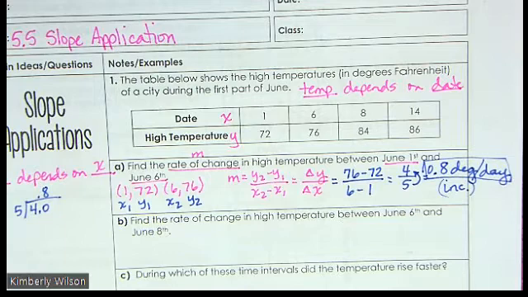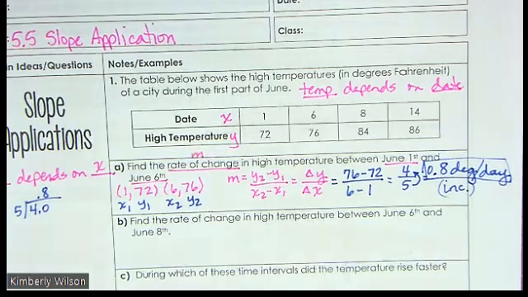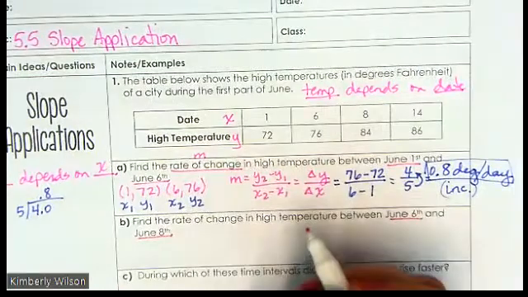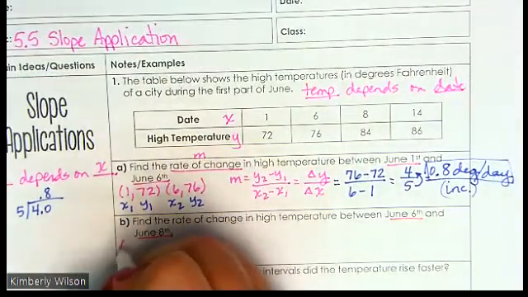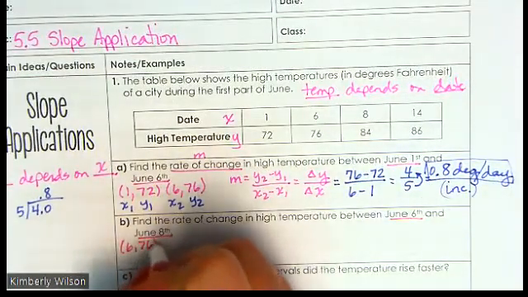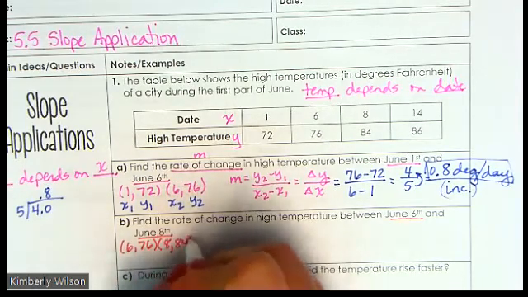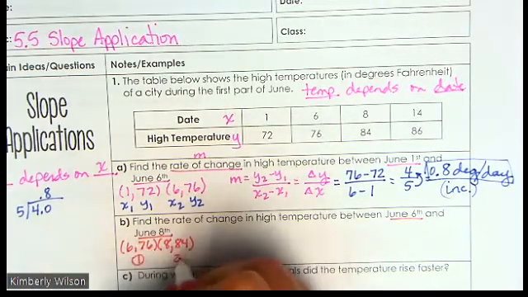Okay. Next. We're doing the same type of thing. So we have from June 6th to June 8th. So we have (6,76) and (8,84). This is the first point. This is the second point.